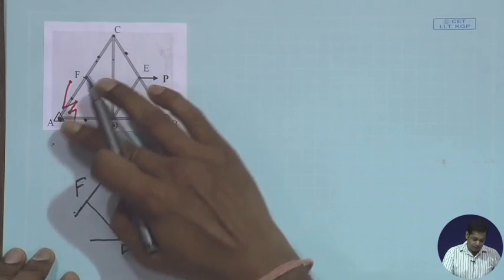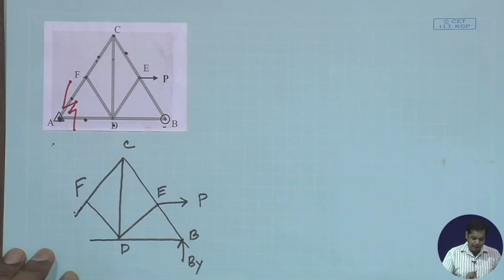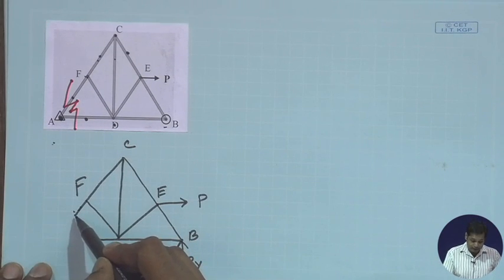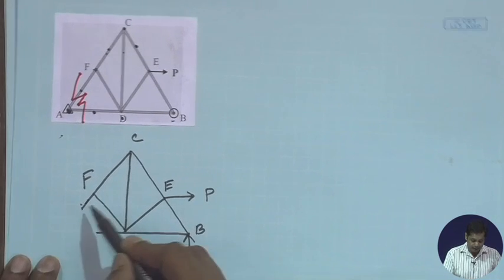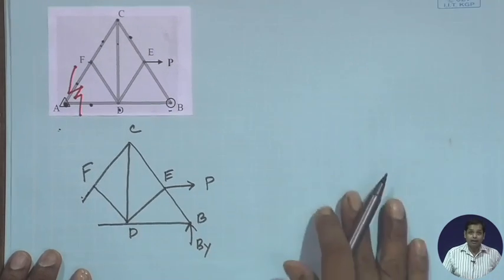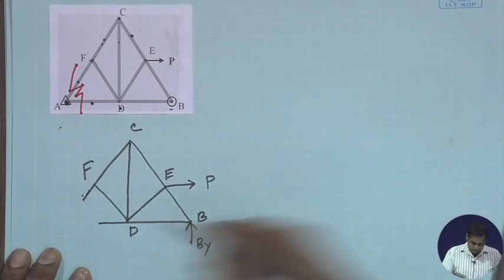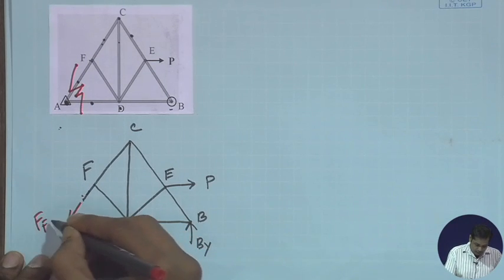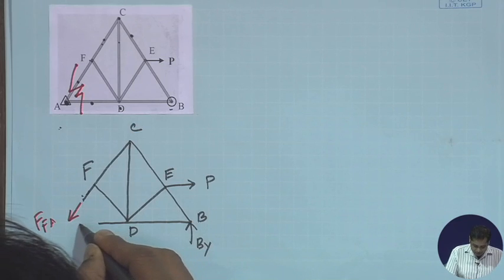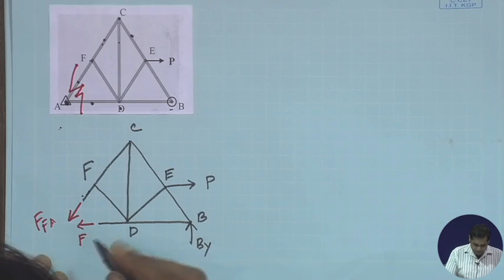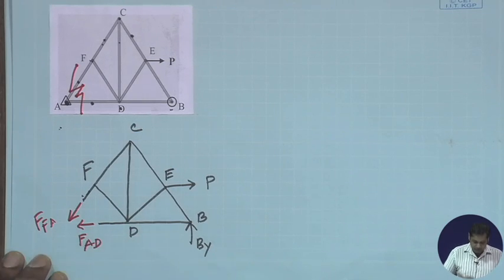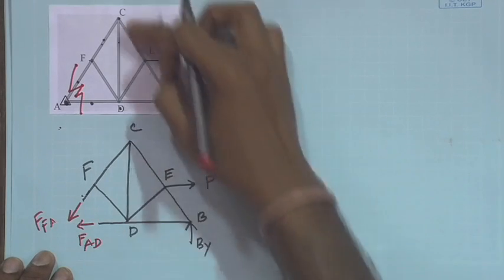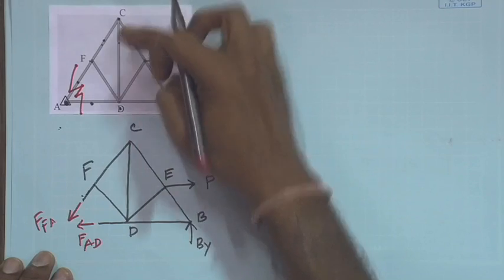Now since member AF and AD are broken, the fact that they were originally continuous has to be represented by forces. So this force will be FAF and this force will be FAD. Okay. So this is the free body diagram of this part of the structure.